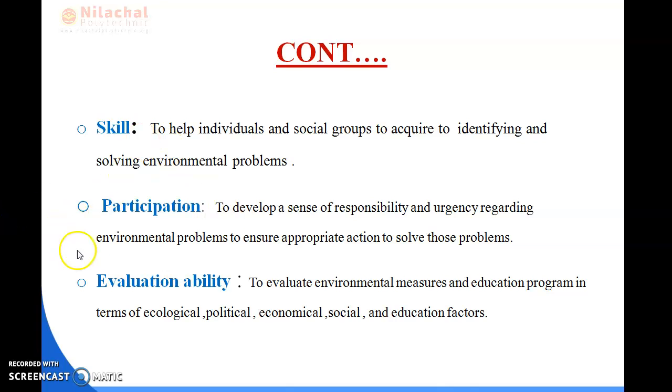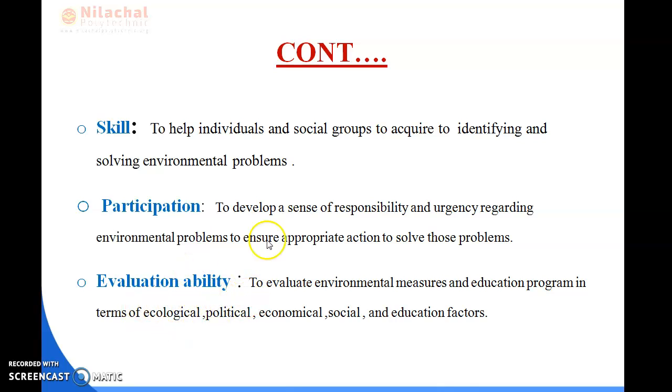Next, the last one is your evaluation ability. What is evaluation ability? To evaluate means to judge: to evaluate the environmental measures and education programs in terms of ecological, political, economic, social and educational factors. First we discussed skill, which also means ability: how can we identify the problems and how can we solve them. Next is evaluation ability.